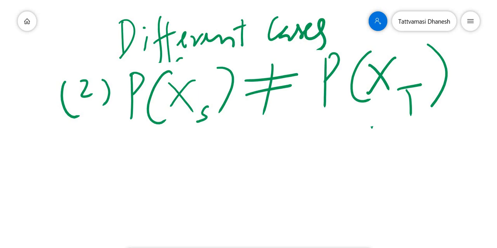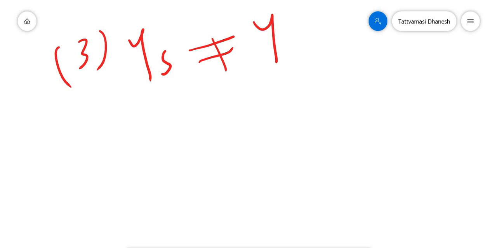Then the third case, it is ys not equal to yt. The label space between the two tasks are different.